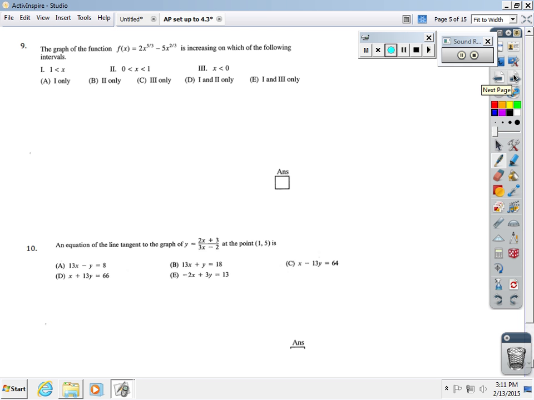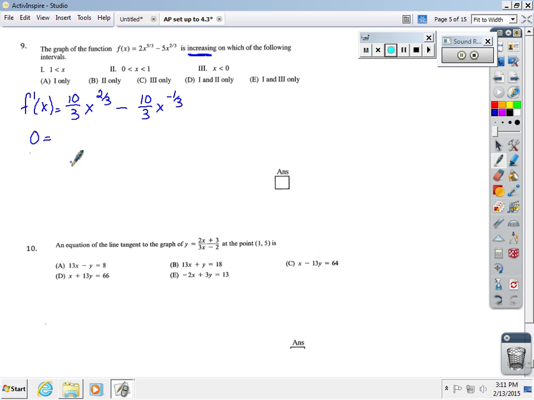Number 9, the graph of the function increasing. So we want to find the first derivative, do a first derivative number line and see where it's increasing. So the derivative is going to be 10/3 x, subtract 3/3 from that, so that'll be to the 2/3, minus another 10/3 x to the negative 1/3. That's my first derivative.